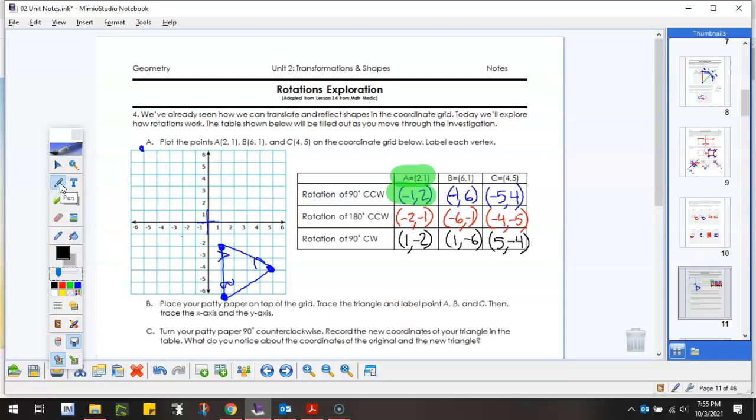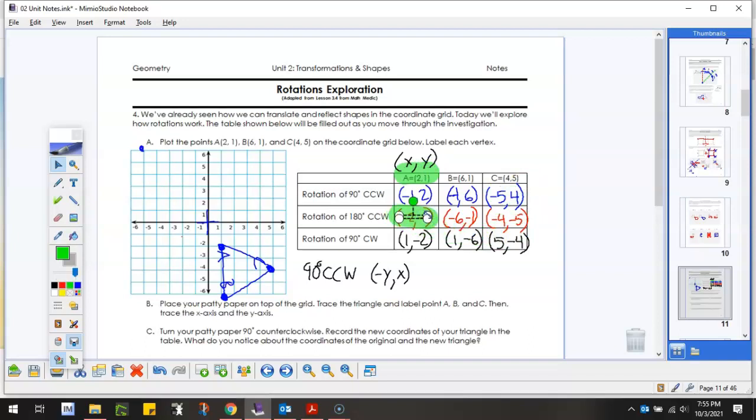So the original was (x, y), and now for the 90 degrees counterclockwise, x is now the y coordinate, and negative y, or the opposite of y, is now the x coordinate. We can see that's true with all of those other points. (6, 1): 6 is now the y, -1 is the x, and the same with the last set of coordinates.